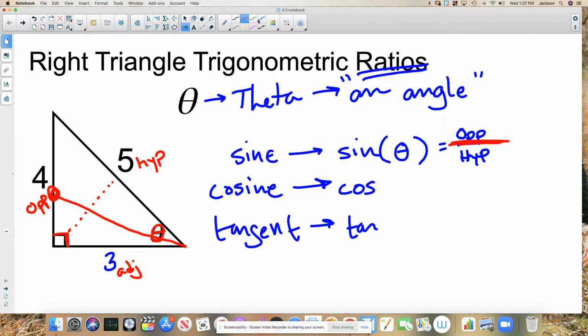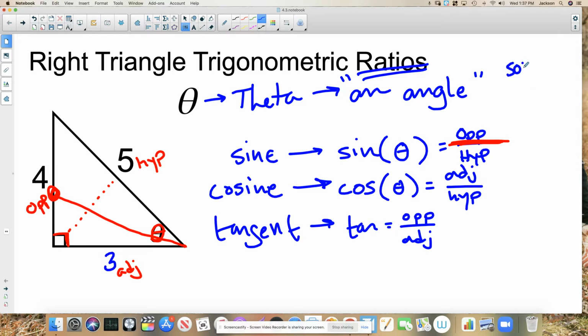We're going to build on some of these definitions down the road. If we say, what is the cosine of theta? That is the adjacent side over the hypotenuse, and the tangent of theta is the opposite side over the adjacent side. So these are our three basic trigonometric ratios, and you'd remember them with the mnemonic device SOHCAHTOA. You may have been shown SOHCAHTOA like this.